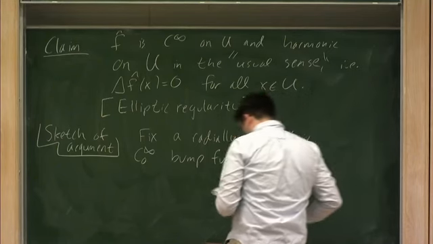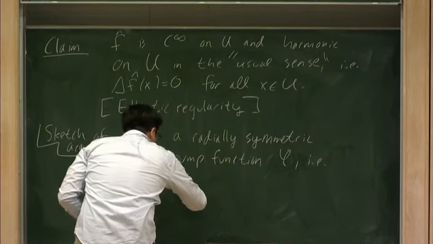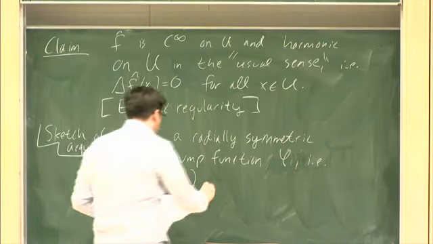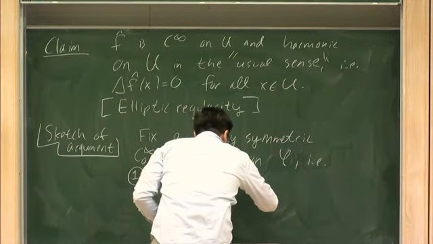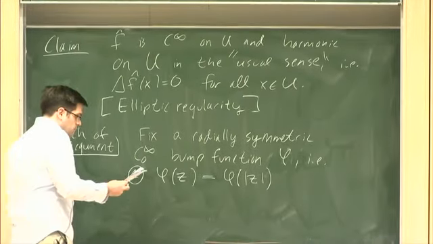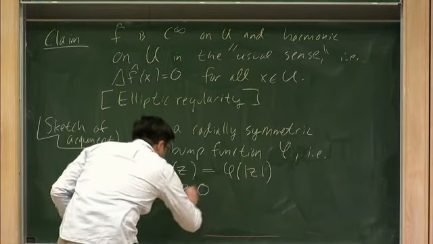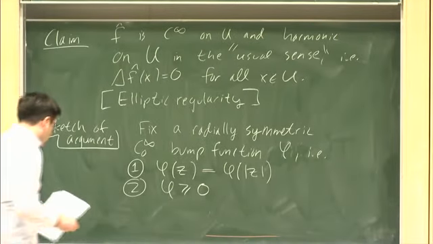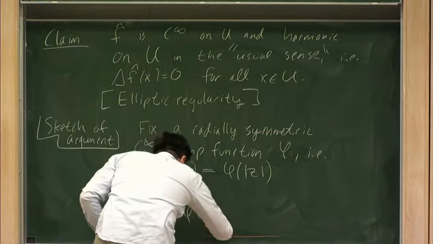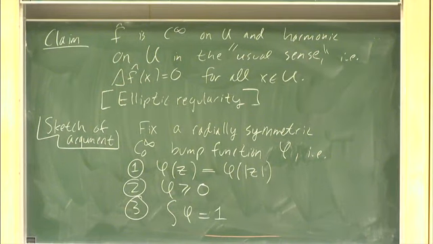What I mean here is that if you evaluate phi at a given point z, then this is a function only of the modulus of z. That's what it means for it to be radially symmetric. I'm also assuming that this function is greater than or equal to 0. And then finally, the integral of this function is going to be equal to 1. Okay, so this is a nice bump function.